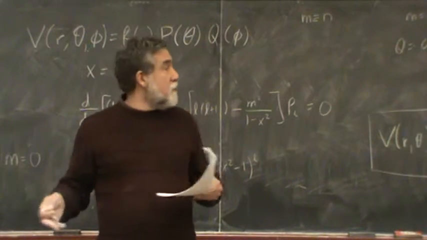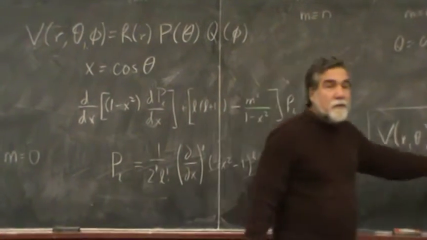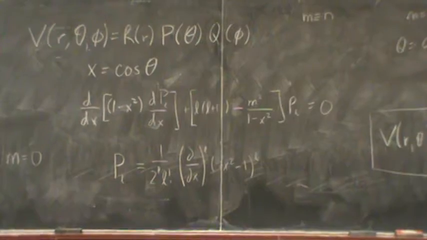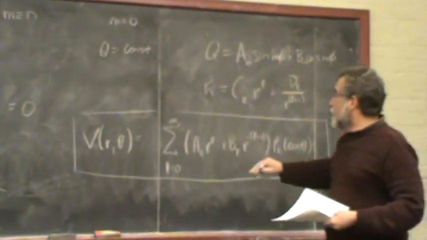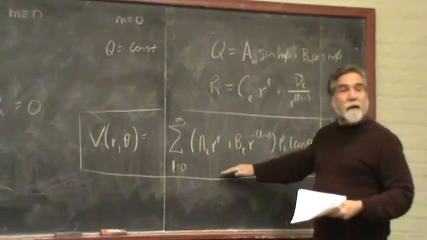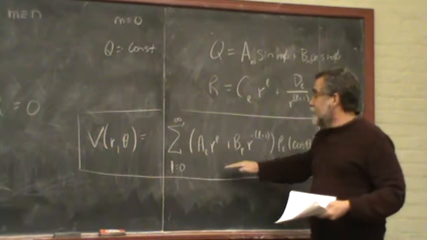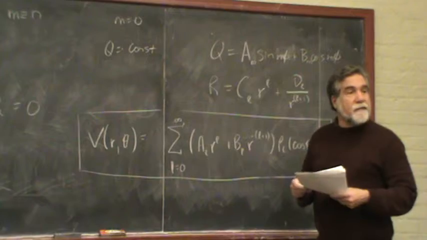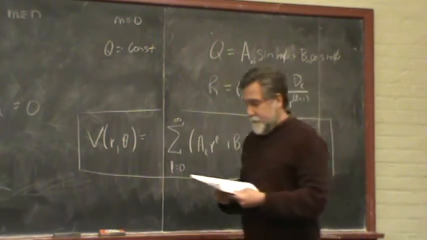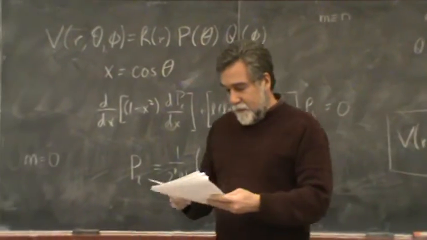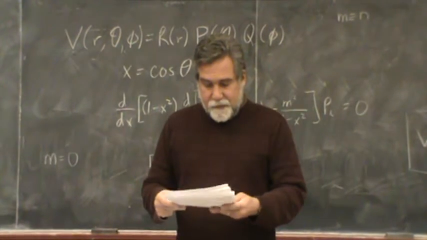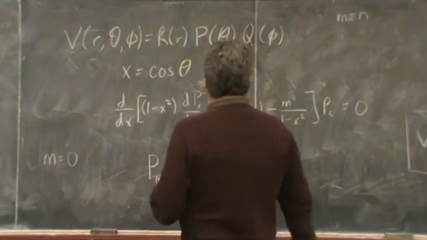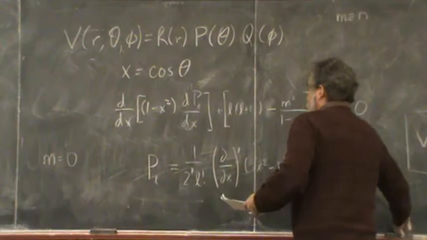But here, now my solution is going to be some of those things, and I need to tell you what the boundary conditions are, and then figure out what the coefficients have got to be in order to satisfy those boundary conditions.